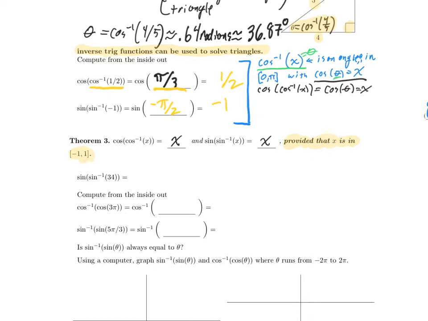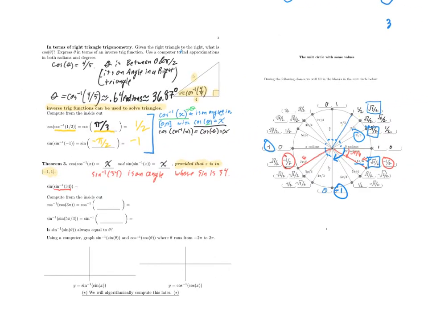And let's see what happens if you don't have that. Let's try to compute the sine of the inverse sine of 34. Well, again, let's read from the inside out. So sine inverse of 34 is an angle whose sine is 34. So that means that it's some angle theta, so that when you rotate by it, you will get a y value of 34.